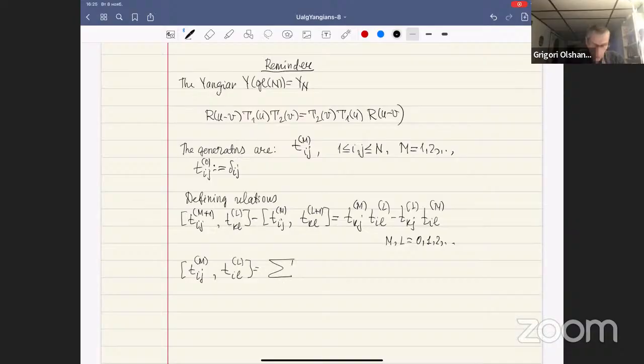The sum over R from 0 to the minimum of M and L minus 1.